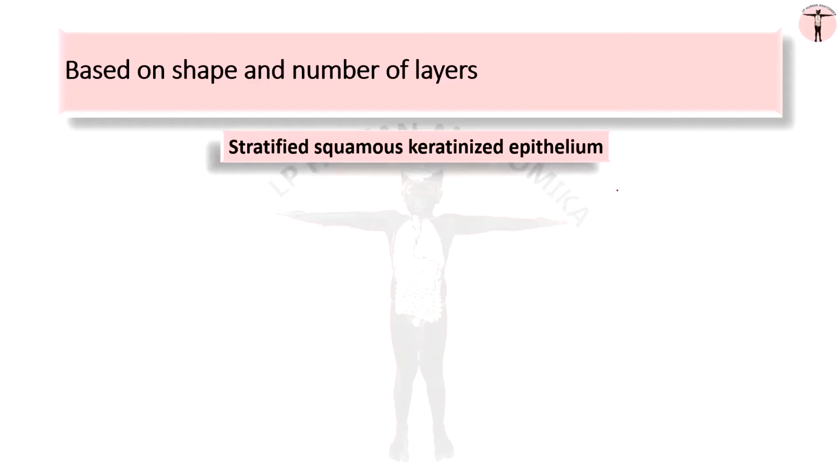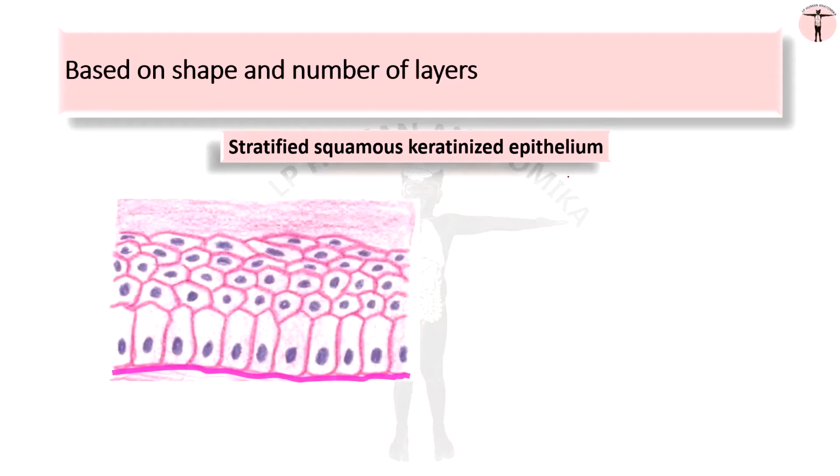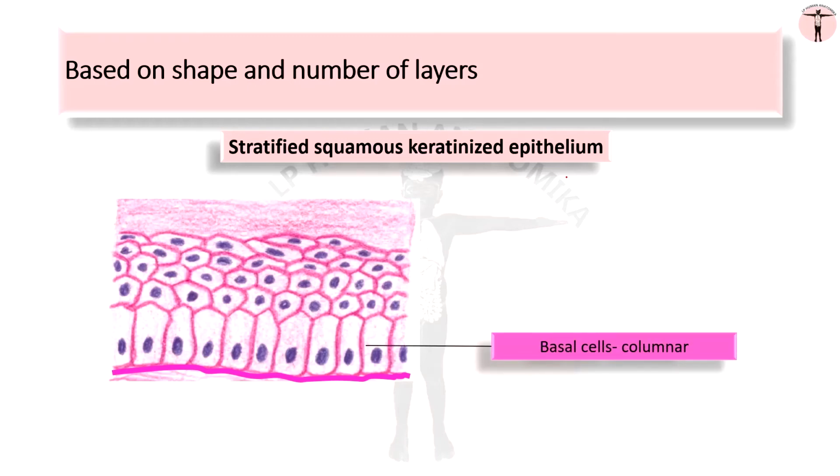In stratified squamous keratinized epithelium, the cells in the deepest layer, called the basal layer, are formed by columnar or cuboidal cells which rest on the basement membrane.